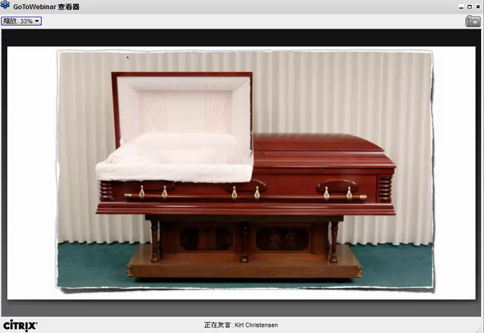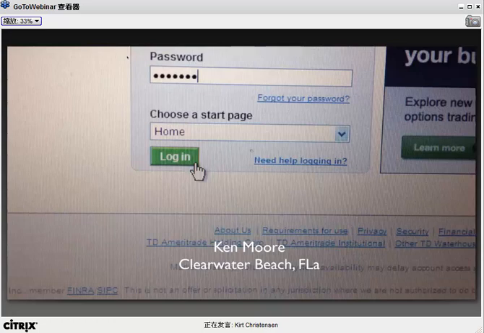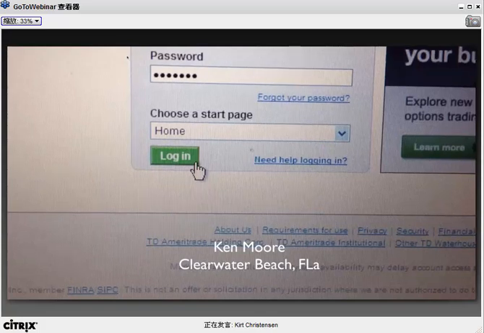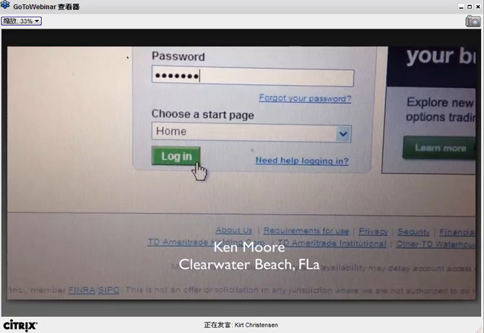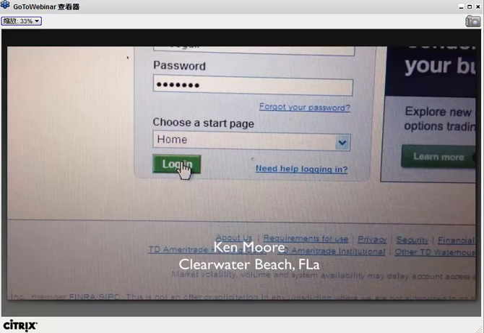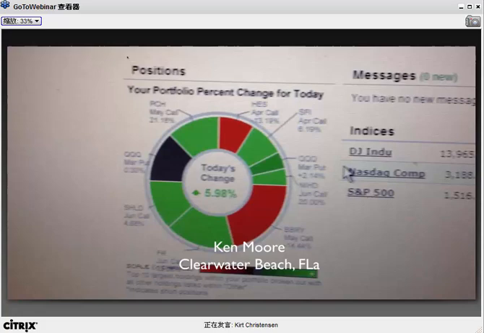Hello, my name is Ken Moore. I'm from Clearwater Beach, Florida, and I have to tell you, I was amazed by how easy the ETF tipping point system is to use. Let me log into my TD Ameritrade system and show you my balances. This is the results so far for today.